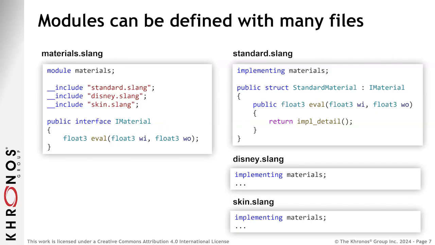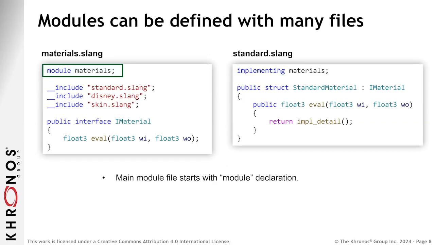And a module can also be defined in more than one file. So here, our materials module is defined by 4 files. The materials.slang file serves as the main file for this module, and standard.slang, distinct.slang, and skin.slang all implement different types of materials and are included by this main module file.